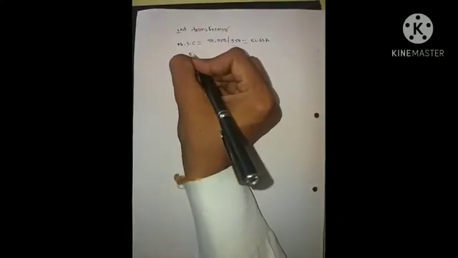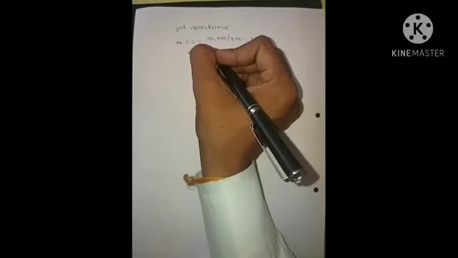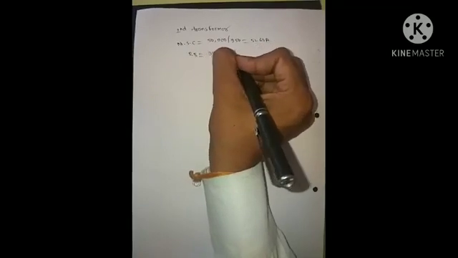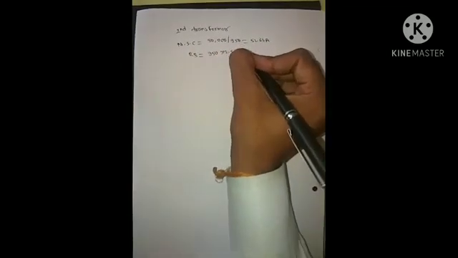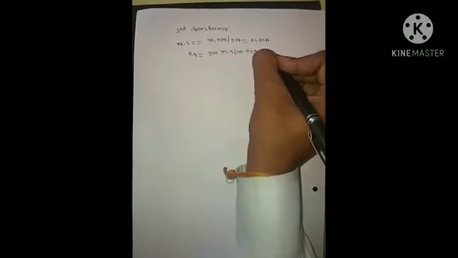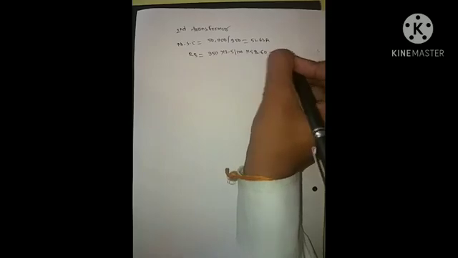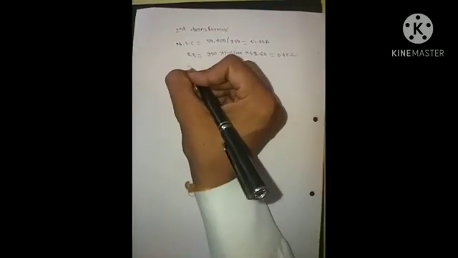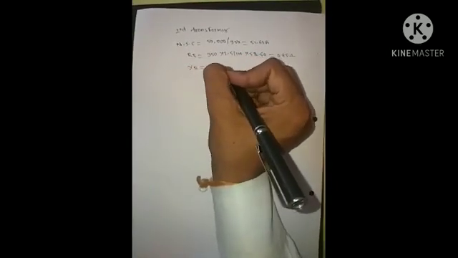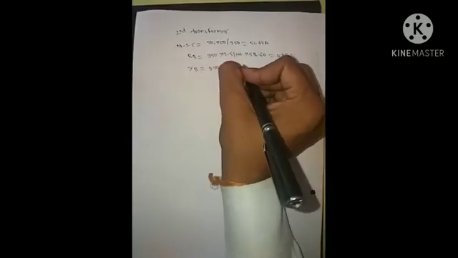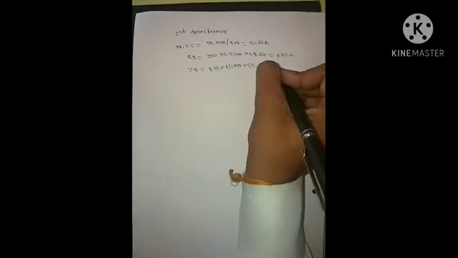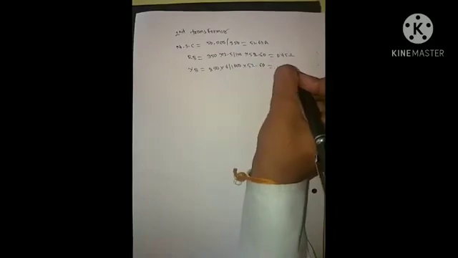So the resistance RB equals 950 into 2.5 upon 100 into 52.63, and the answer is 4.5 ohm. XB equals 950 into 6 upon 100 into 52.63, and the answer is 10.8 ohm.